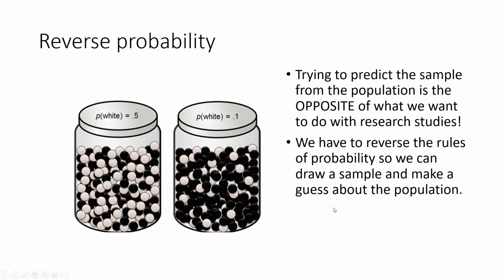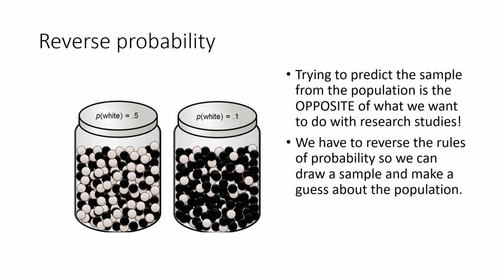But trying to predict the sample from the population is actually the opposite of what we want to do with research studies. In other words, what we just did on the last slide was we tried to say, what kind of sample will we get if we know all about the jar?